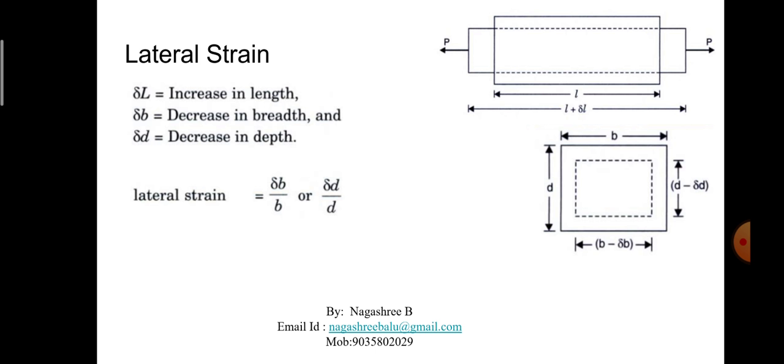So I just repeat it. When the body is applied with a load of some magnitude, if the load is tensile in nature, you can expect an increase in the dimension along the direction of the load applied and a decrease in the dimension perpendicular to the direction of the load applied.